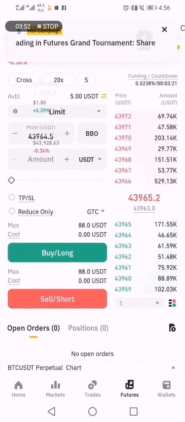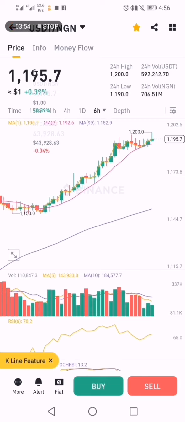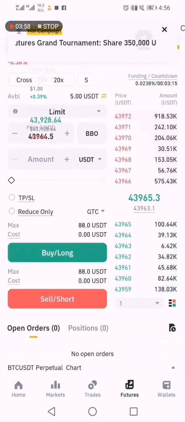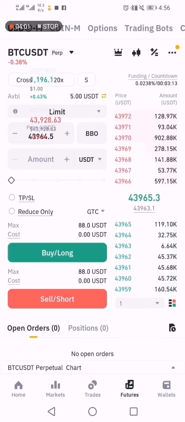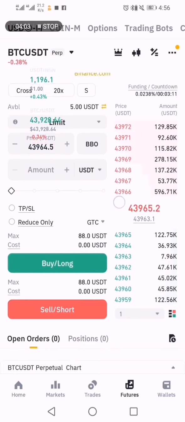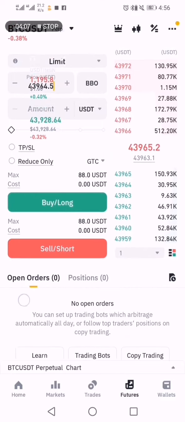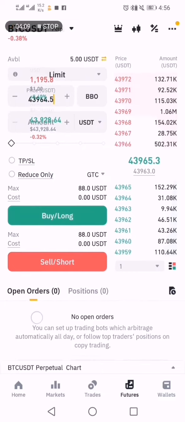So we can see the price, 43,965.3 dollars. So first, I've chosen the asset I'm going to trade, and I've checked for news, there's nothing.